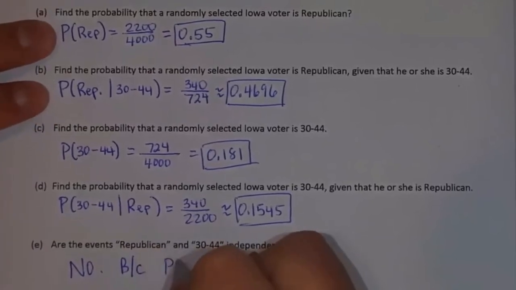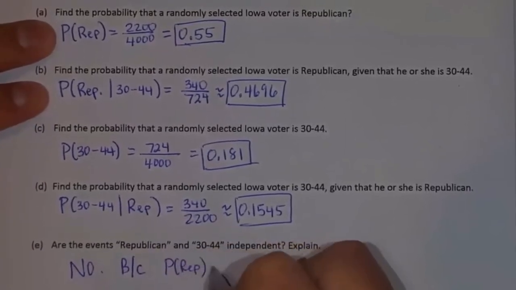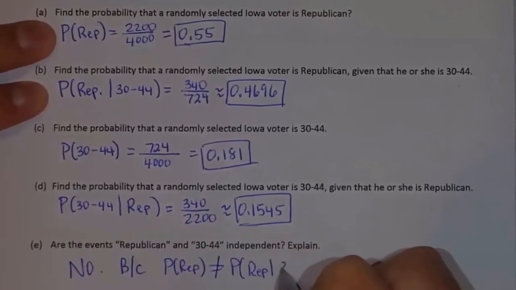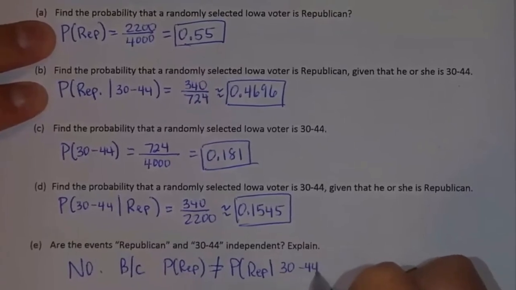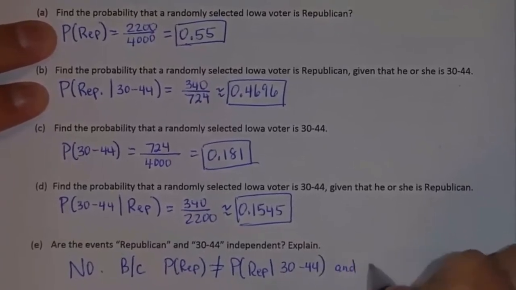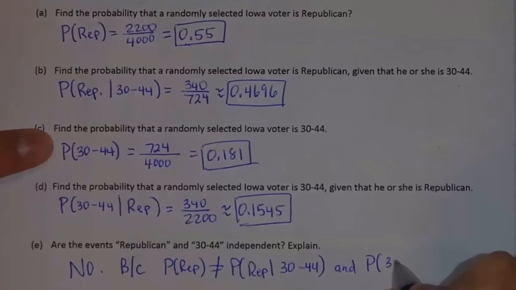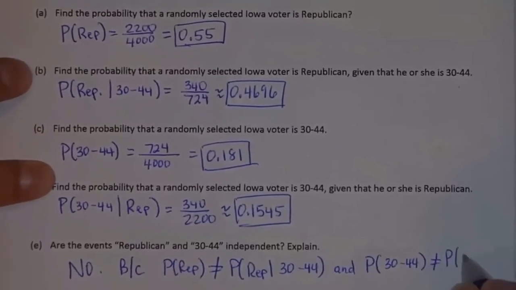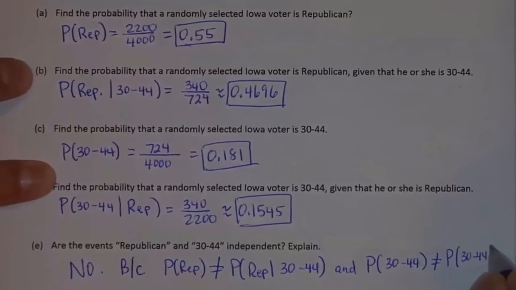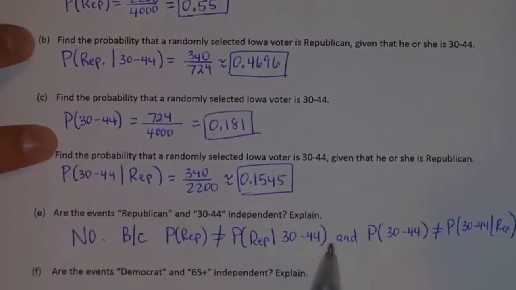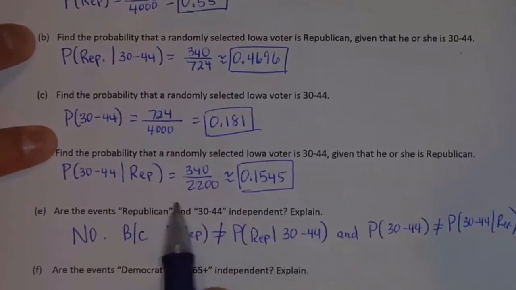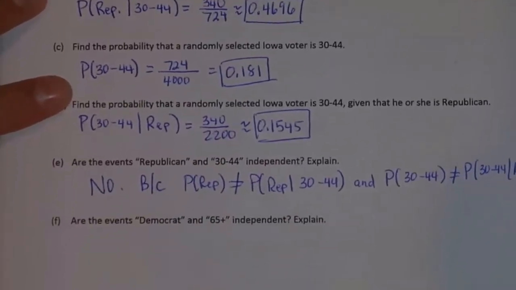The probability of being Republican does not equal the probability of being Republican given that you're 30 to 44. And also, the probability of being 30 to 44 does not equal the probability of being 30 to 44 given Republican. You don't have to do both, but for either one of these reasons, Republican and 30 to 44 are not independent.